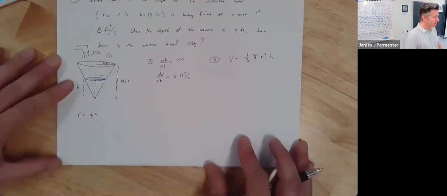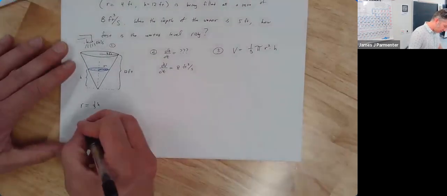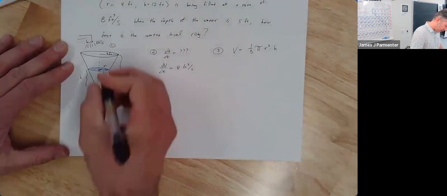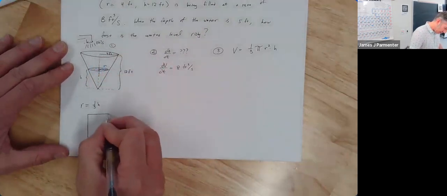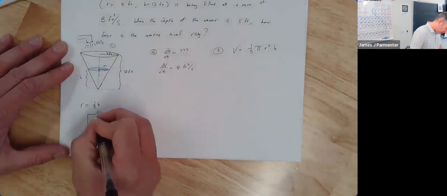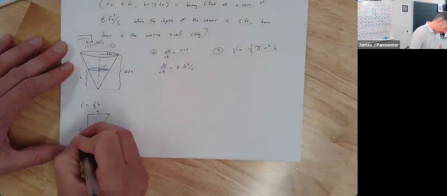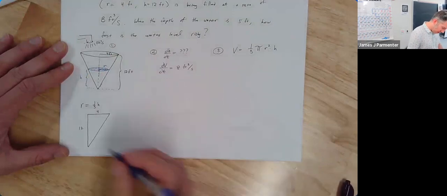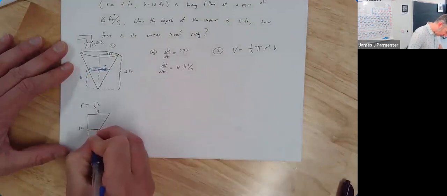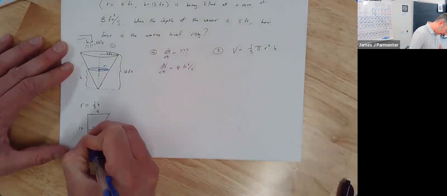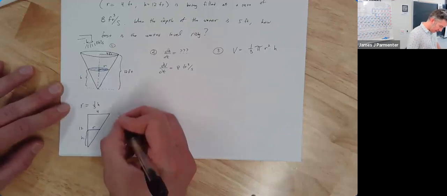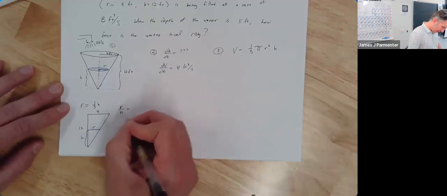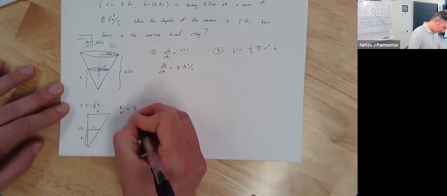The work that we're actually doing that I didn't write down is we're really using similar triangles. If I look at this right triangle here, which has a length of 4 here, a length of 12 here, and then the smaller triangle that's similar has a length of r here and a length of h here, I can say this side is to this side as this side is to this side.